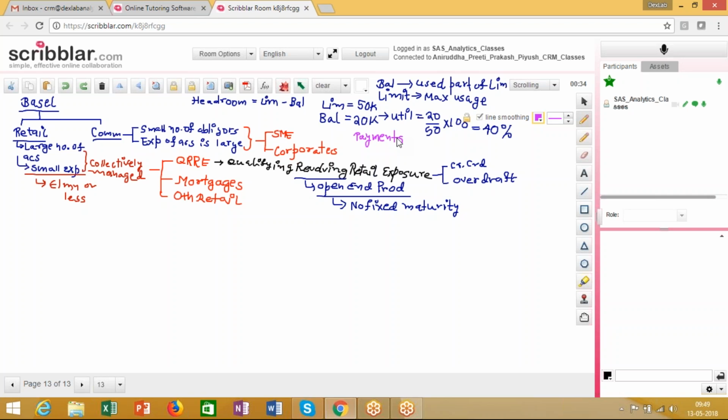We also need to look into the payment patterns that the borrower has. Therefore, assessing the payment patterns is important.